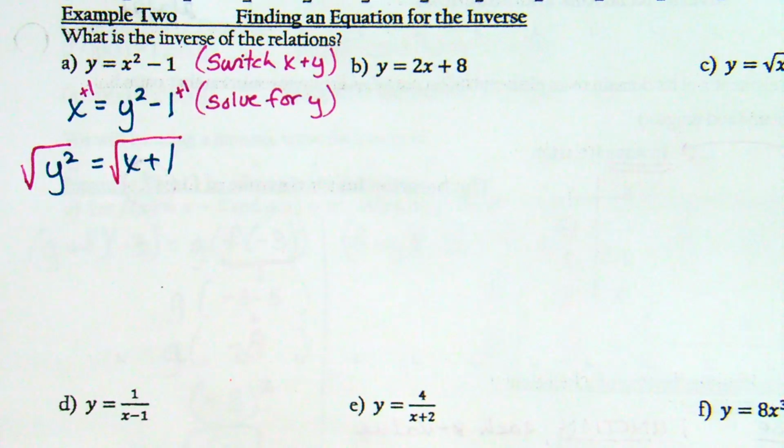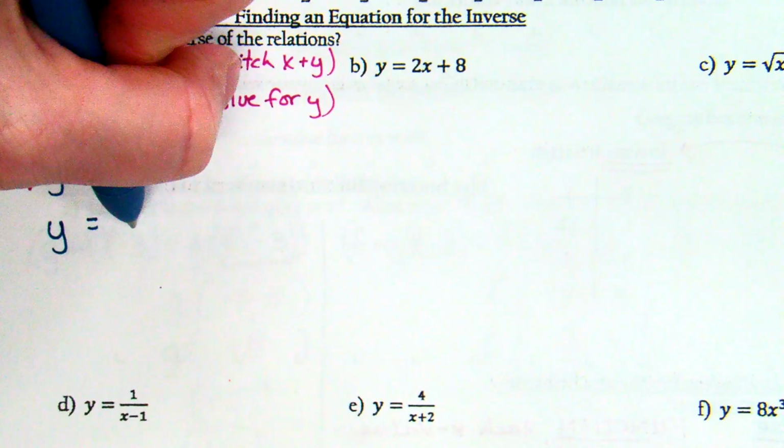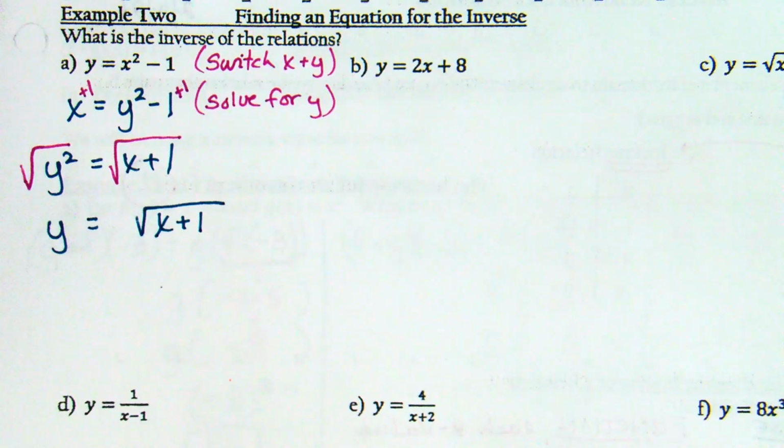Y. What's the square root of x plus 1? Square root of x plus 1, and what else? Square root of x plus 1 and the negative square root of x plus 1.